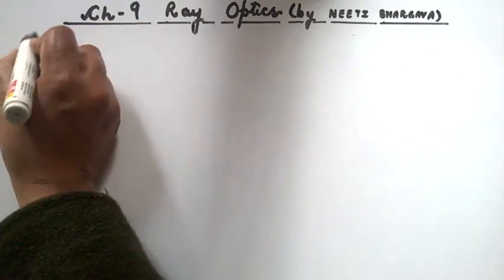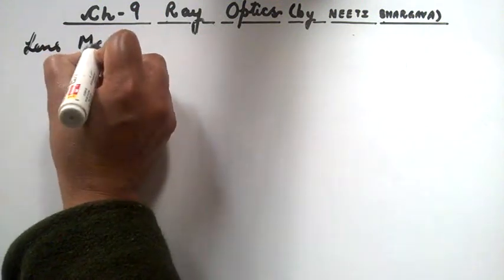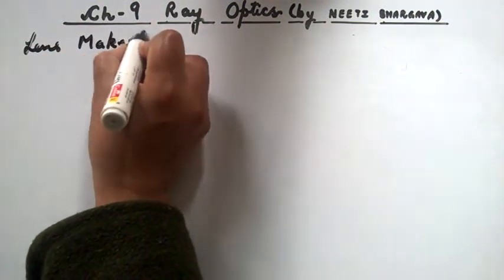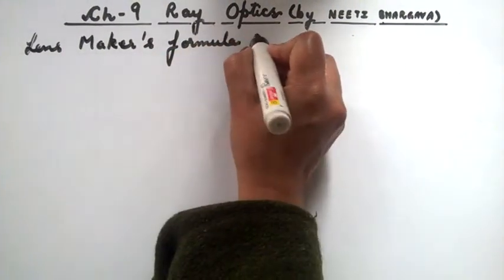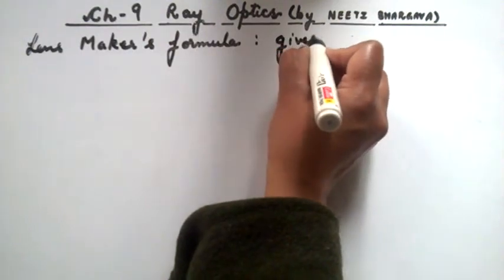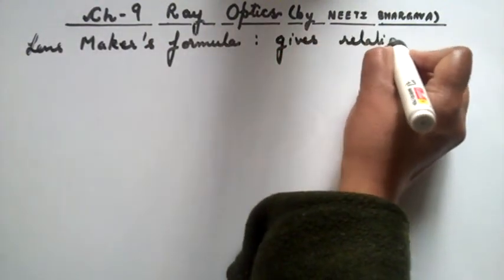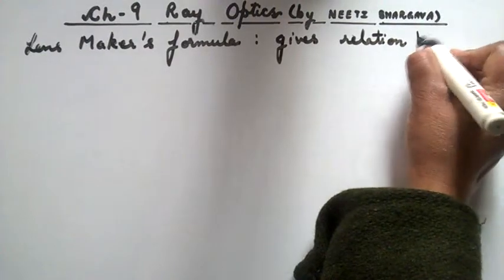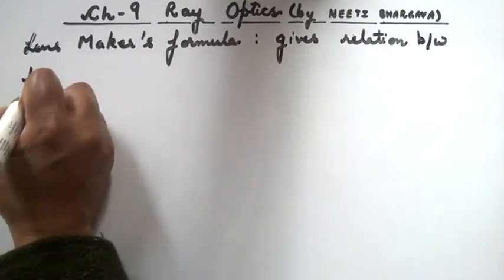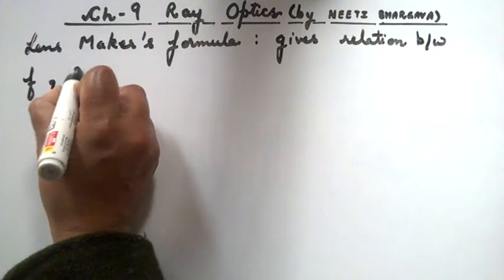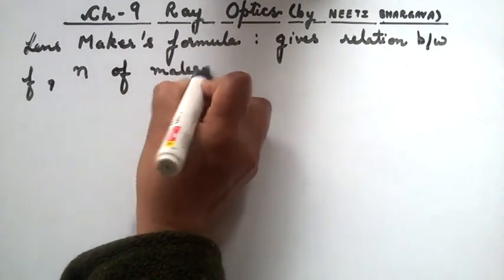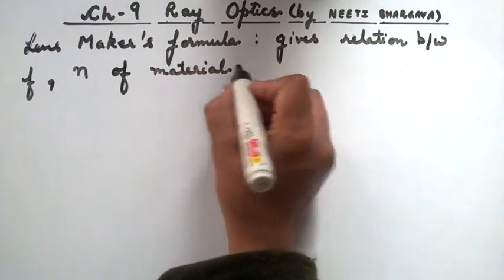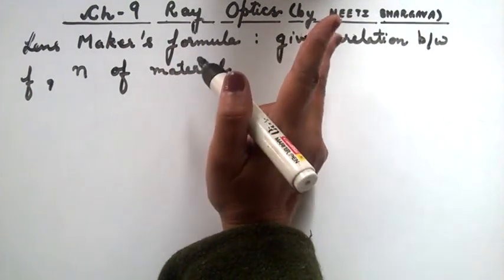By that formula we design lenses, and Lensmaker's formula gives the relationship between the focal length of a lens, the refractive index of the material of the lens, and as we know the lens has 2 refracting surfaces, so it has 2 radii of curvature.